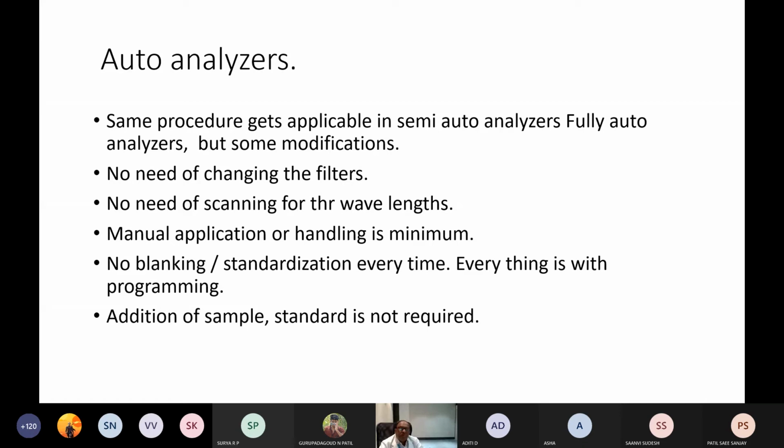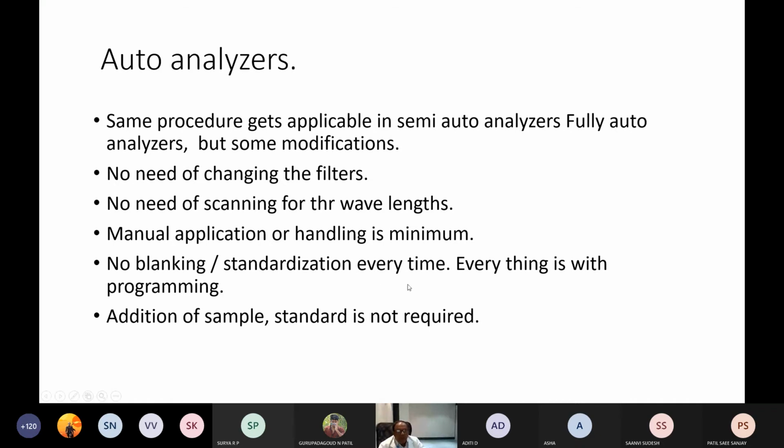Everything is already set, and manual handling is minimum. Addition of the reagent, pipetting out the sample or the reagent, is not needed. Because by doing that there can be manual errors in the estimation, all these things will be avoided.